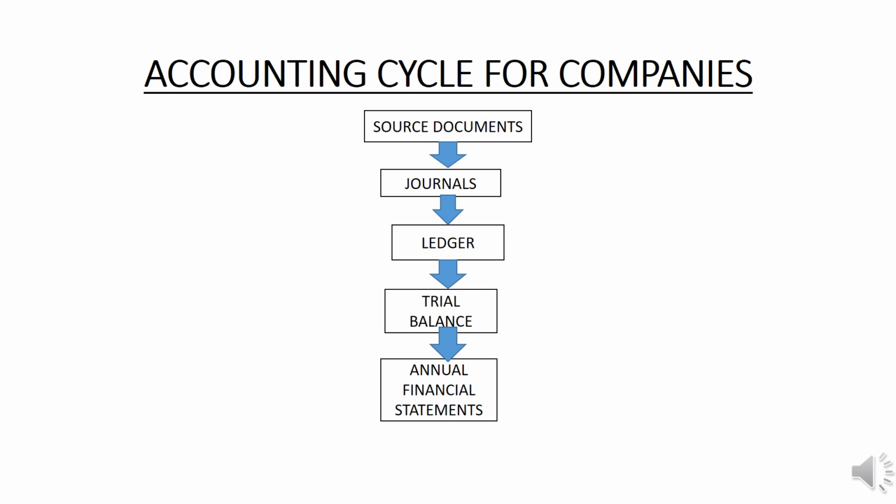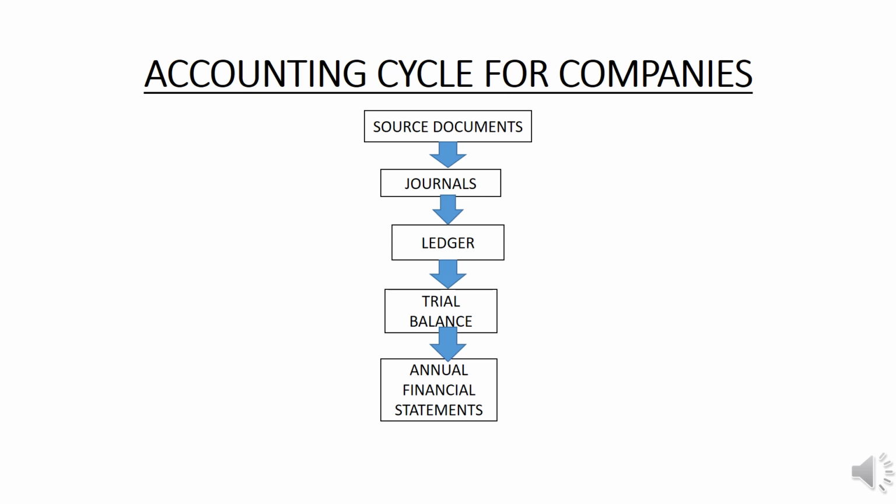Then at the end of the month, we close these journals by having totals. For example, a total for the sales journal will go to your income statement, or your monthly income statement, as credit sales or maybe cash sales.